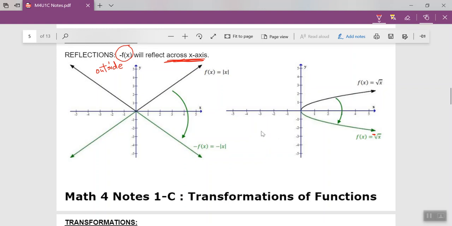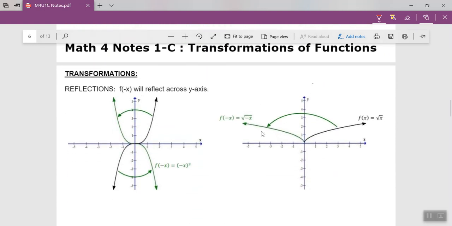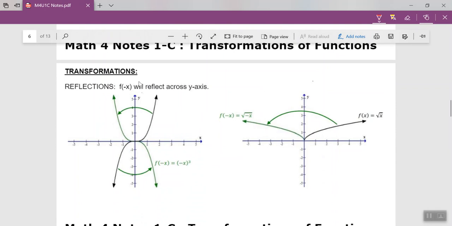Now, when the negative happens to be inside, in this case inside with the x and not parked on the outside, it will reflect across the y-axis. So in this case, in black, I have y equals x cubed.